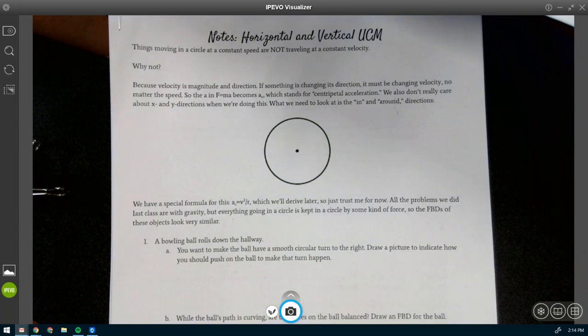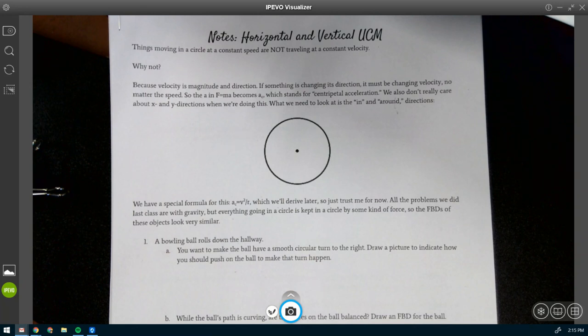All right, so a little bit about this at the top we've already talked about. Things moving in a circle at a constant speed are not traveling at a constant velocity. This is because we've defined velocity to be both the magnitude and the direction of a speed. Even if you're turning at a constant speed, you're still changing direction between every single piece of that circle.